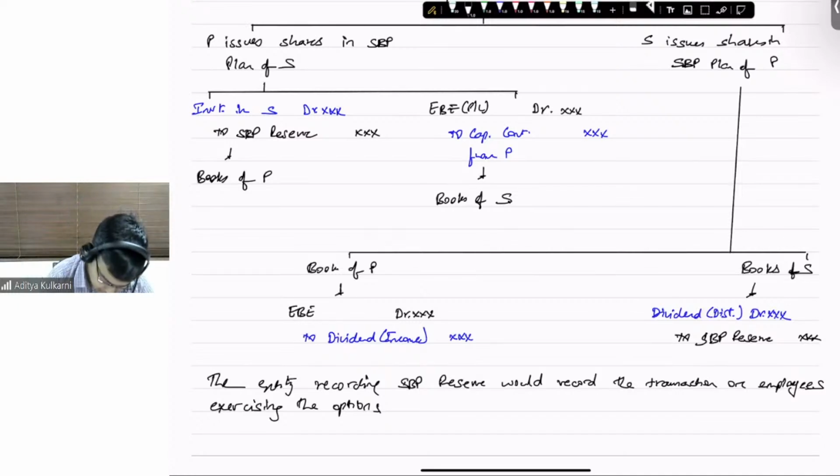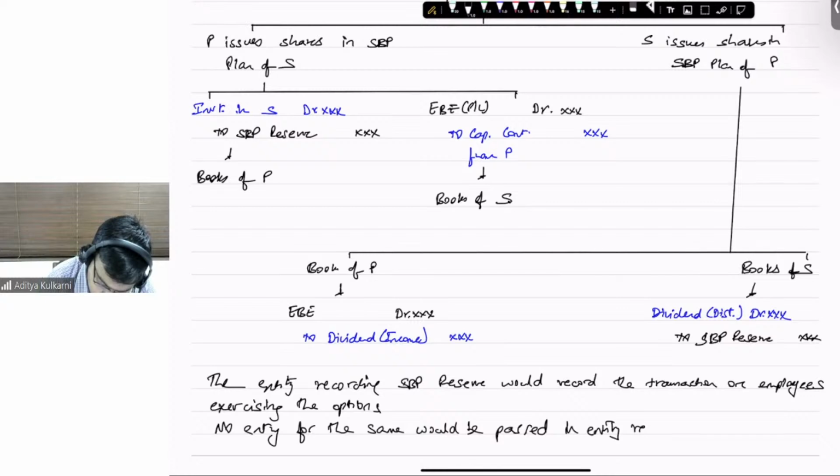No entry for the same would be passed in the entity recording EBE, employee benefit expenses. Okay.